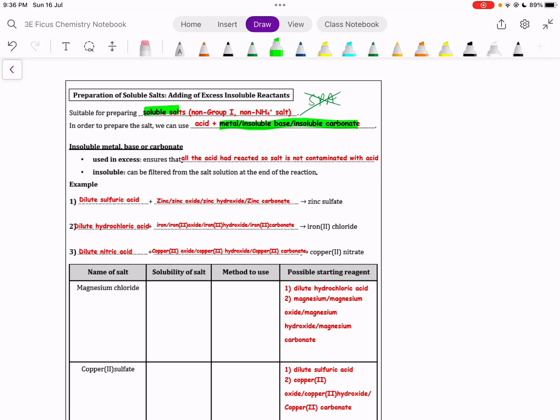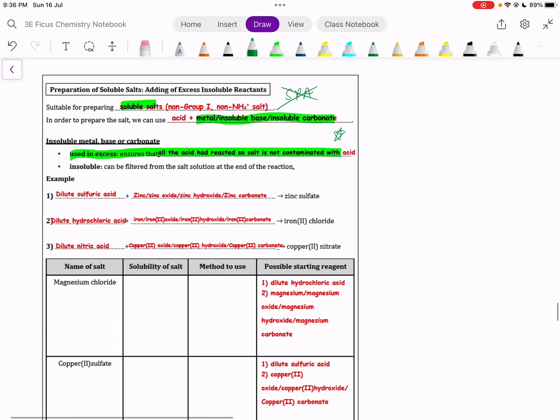One thing to note is that we say add excess solid. How come not excess acid? The reason is important: it is to ensure all the acid is reacted, so that the salt is not contaminated with acid.